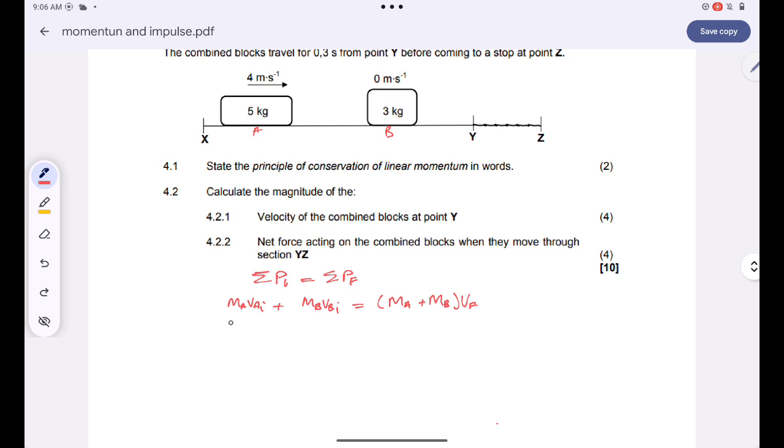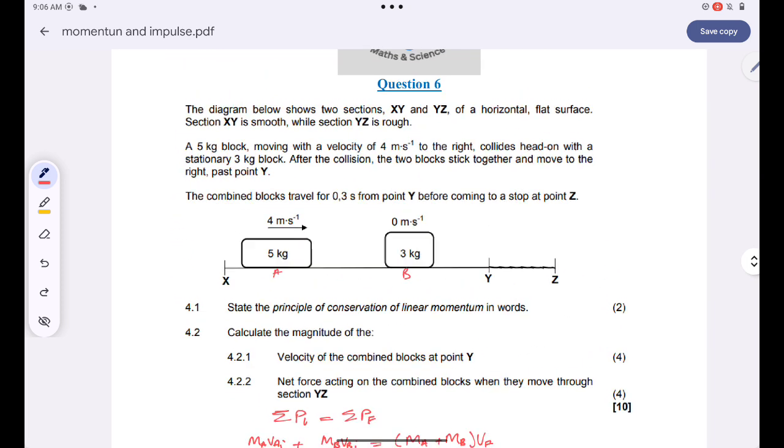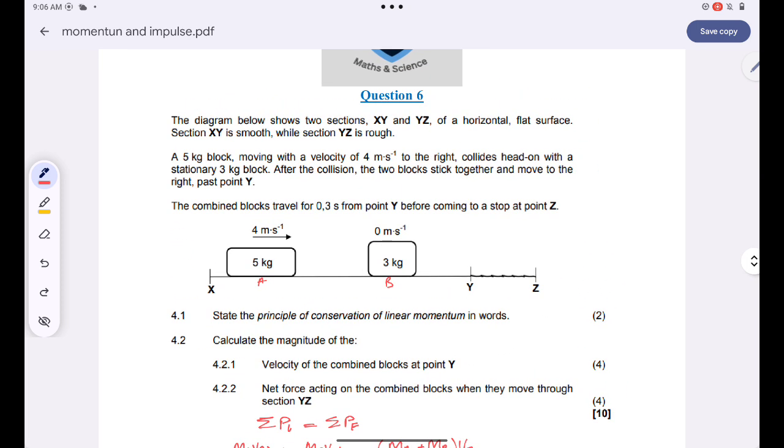I know that object A is just 5 kg. Another thing, guys, the very important thing that I just omitted was to choose a positive direction. Since momentum is a vector quantity, choosing a positive direction is very helpful.